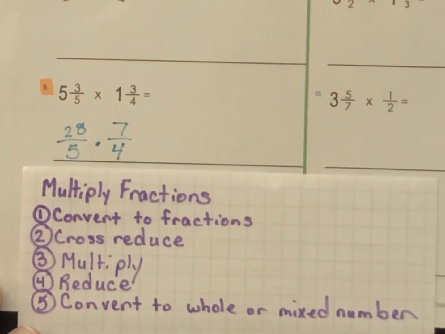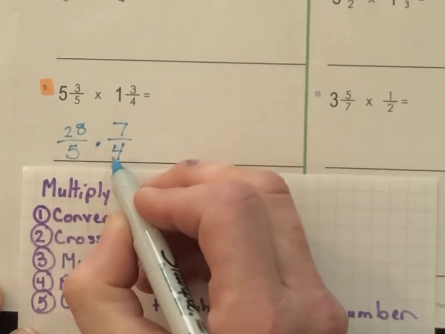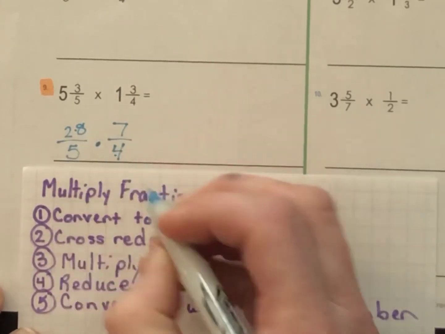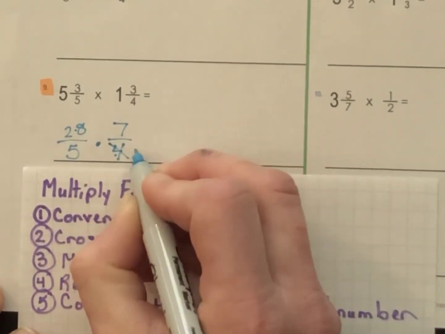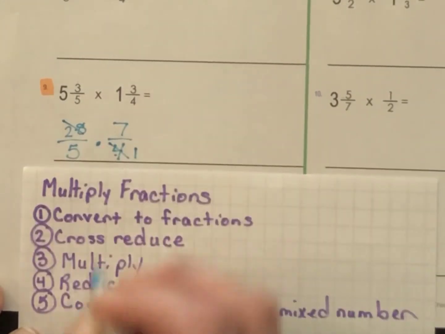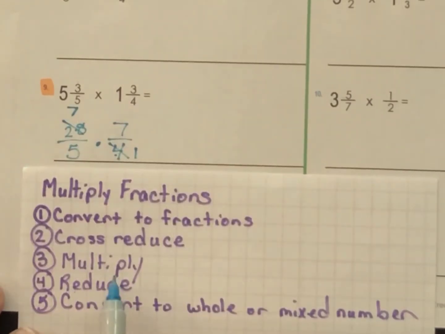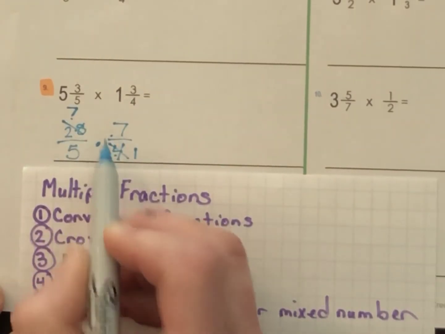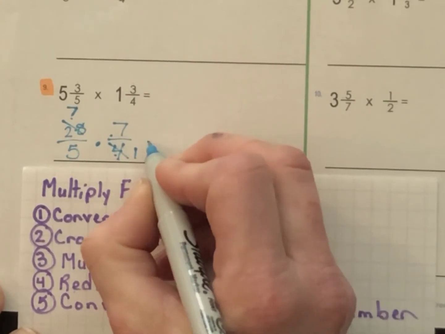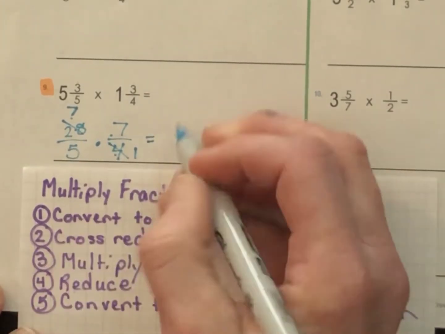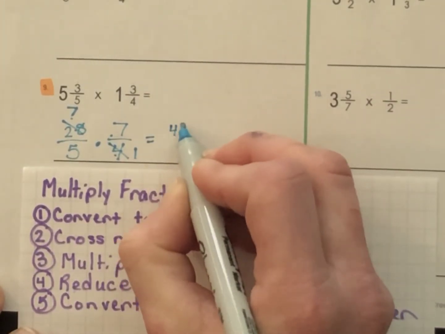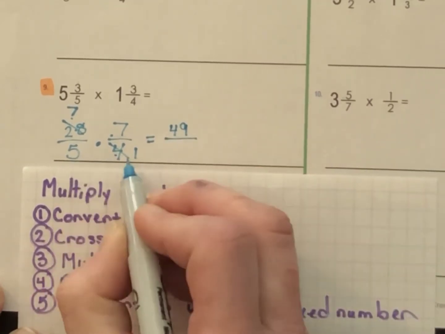I was a little worried at first, but I can finally cross reduce. Yay! So 4 and 28 reduce. 4 divided by 4 is 1. 28 divided by 4 is 7. So now I have 7 times 7, because I'm multiplying. 7 times 7 is 49. 5 times 1 is 5.